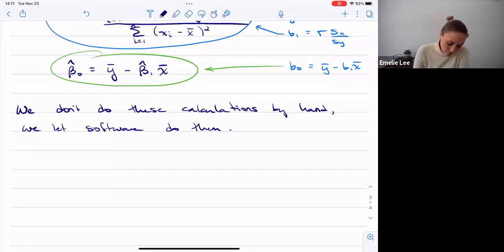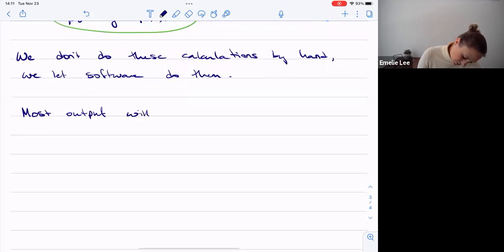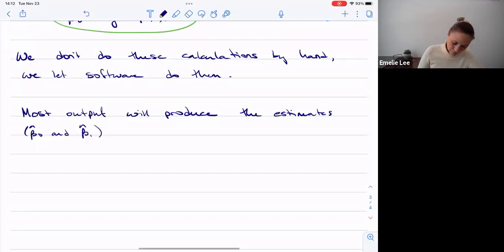Most output gives you the standard errors as well as the estimates, which are beta naught hat and beta 1 hat, because we know that this is just built on sample data.